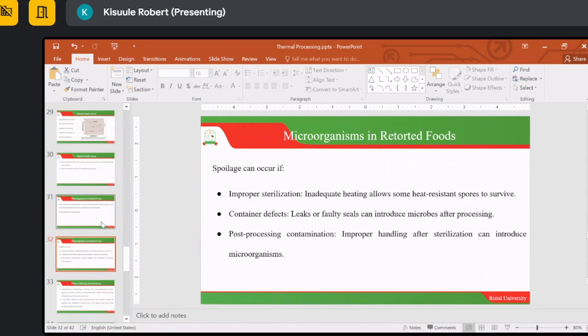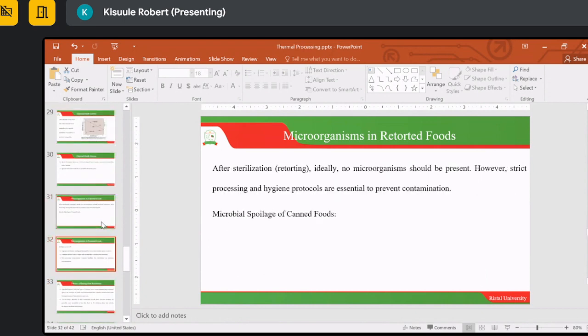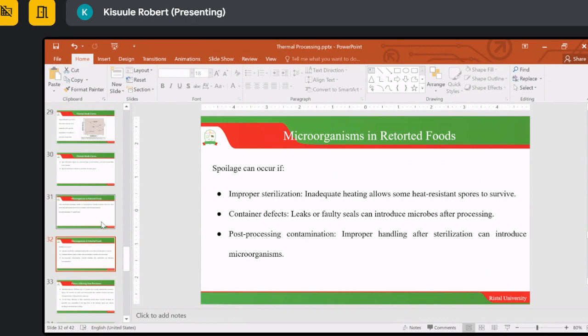So when we look at microbial spoilage of this kind of food, spoilage can occur if improper sterilization is done. For example, inadequate heating allows some resistant spores to survive, like we saw.